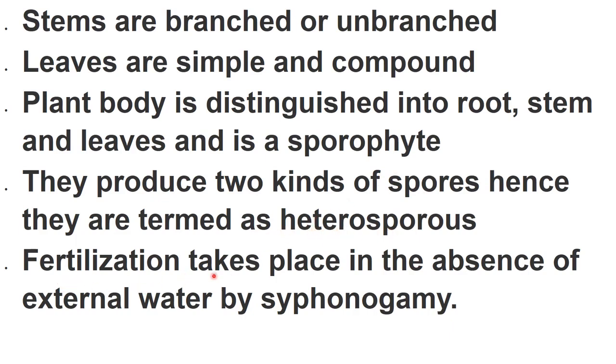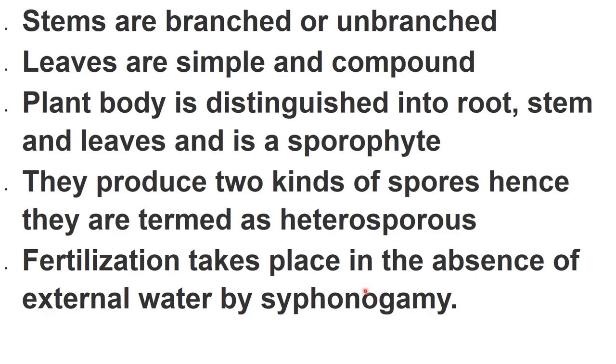Then fertilization takes place in the absence of external water by siphonogamy. Siphonogamy means where the pollen tube arises from the pollen grain and reaches the female sex organ. Okay, and you have seen in the life cycle of the gymnosperms that a pollen tube that arises from the pollen grain reaches the archegonia mouth, right?